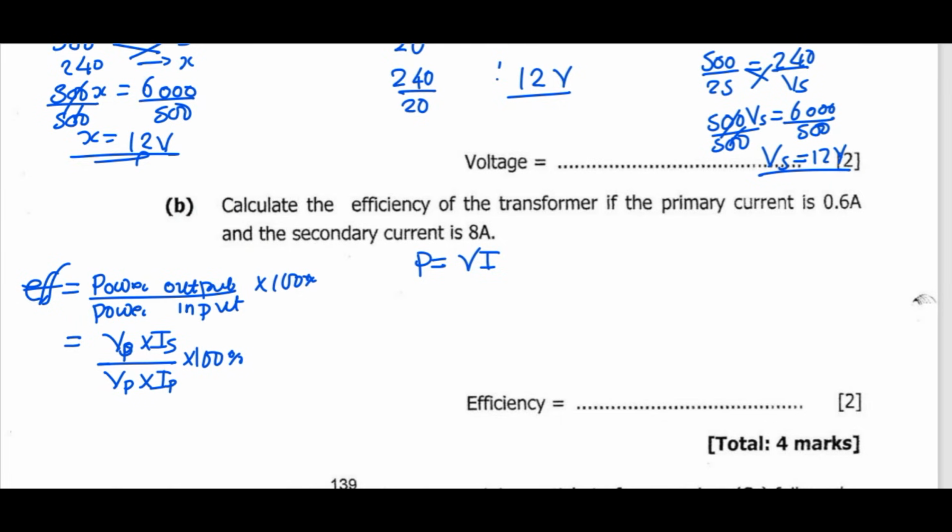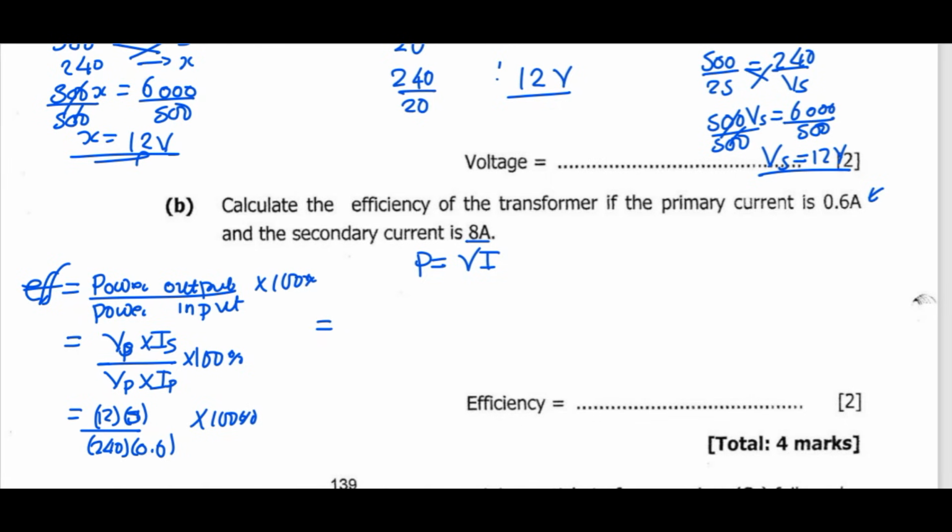Then we have our efficiency. So voltage on the secondary, remember, we calculated this to be 12. Current on the secondary is given 8 amps over voltage on the primary 240. Remember that current is 0.6, this number here, times 100%.